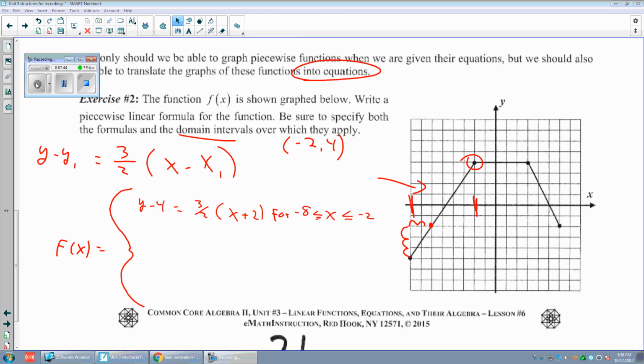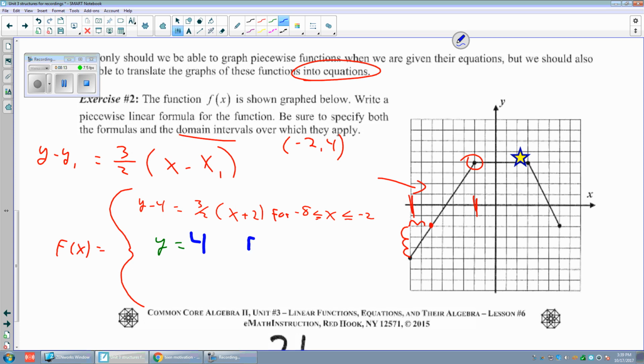Okay, this next one is extremely straightforward. Horizontal line crossing the y-axis. Y equals, crossing the y-axis at 1, 2, 3, 4. Y equals 4. Horizontal line.